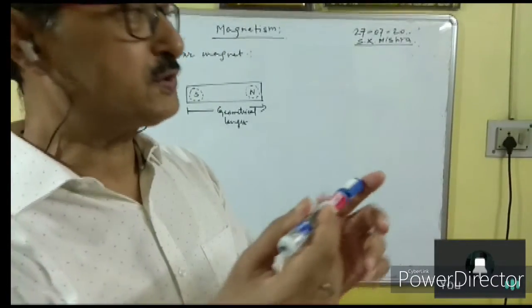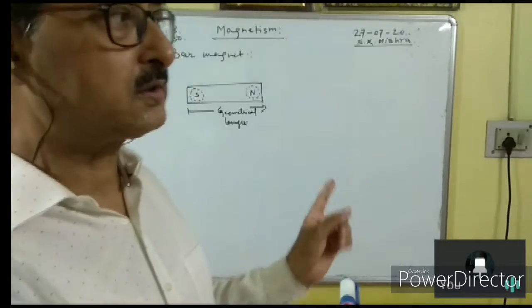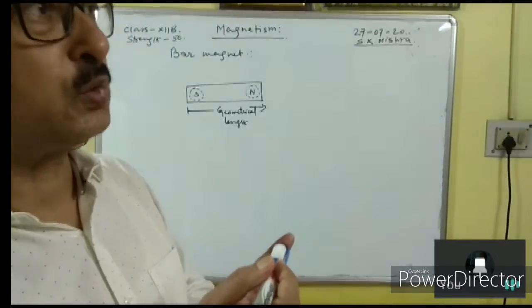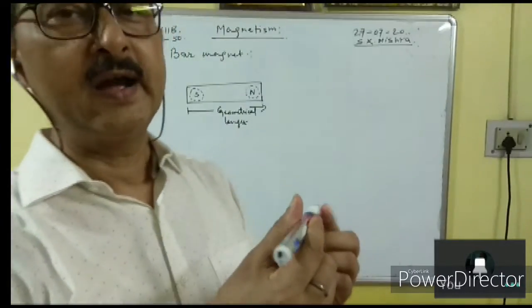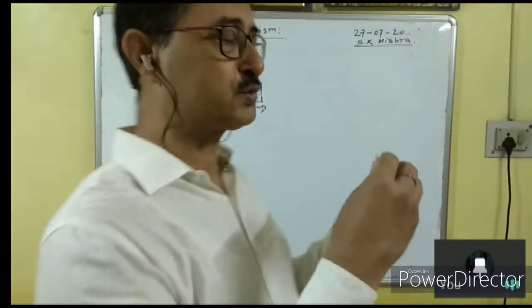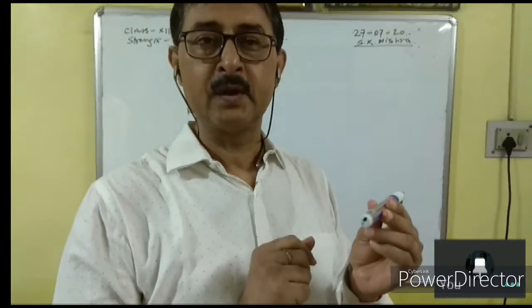Actually, north and south poles are nothing but this: if you suspend a magnet, like a freely suspended magnet, it has one pole towards geographical north.